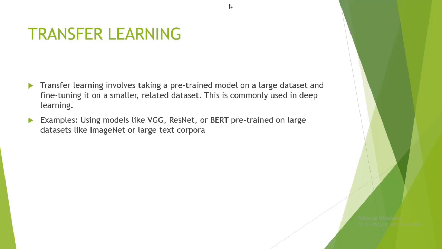It is commonly used in deep learning techniques. Examples are VGG16 and 19, ResNet, or BERT pre-trained on large data sets like ImageNet or large text corpora. Nowadays, we are all moving from machine learning to transfer learning. So this is very important.